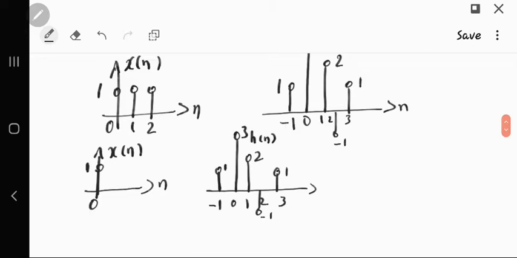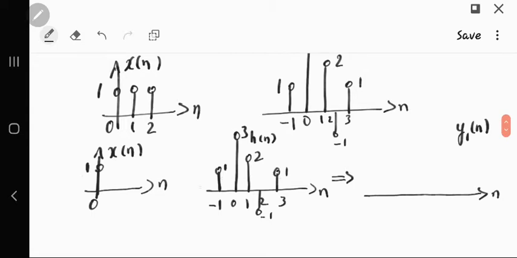So, what you get here is the output. I will call this y1 of n. The amplitude of the signal is 1, so multiply it with all the samples.